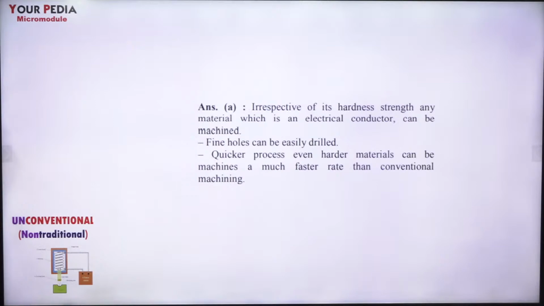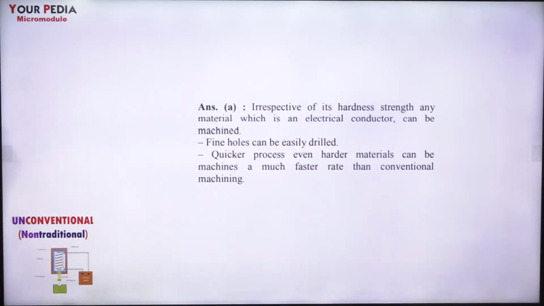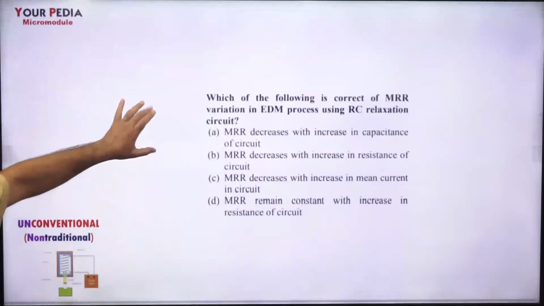EDM can be used only for conducting materials. It is used for cutting conducting materials only, and micro drills can be made using EDM. Harder material can also be machined. So in electric discharge machining surface quality is not very good, but micro drilling is done using this mechanism. Okay, let's go for the next question.